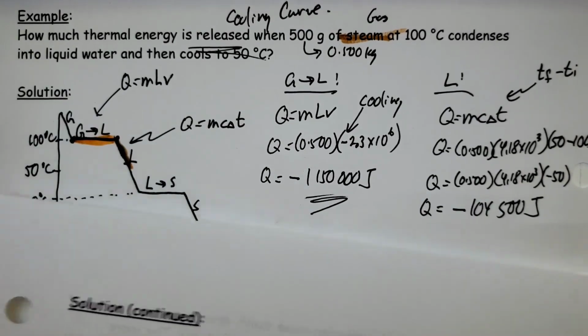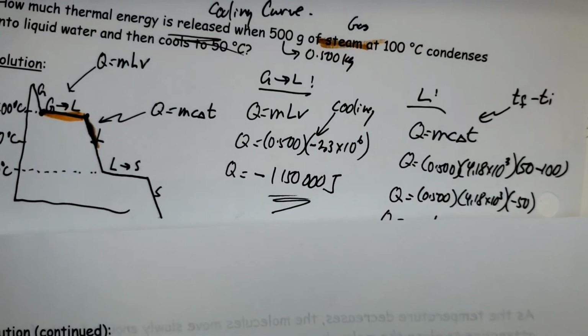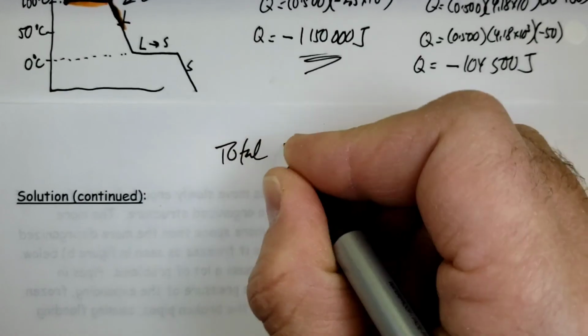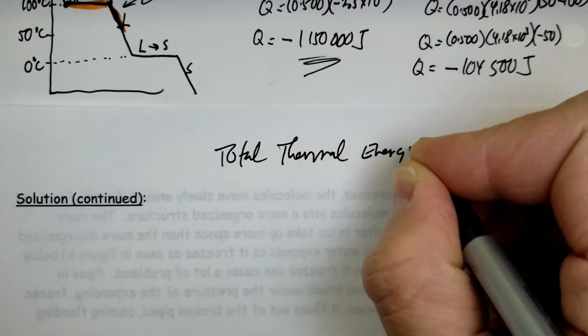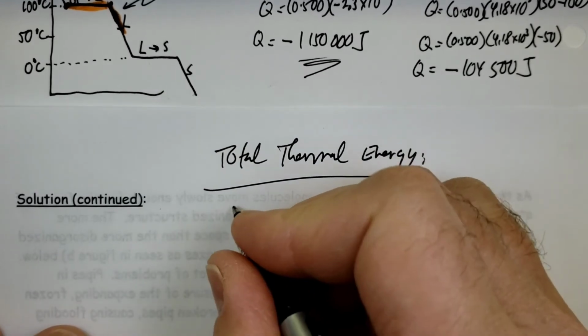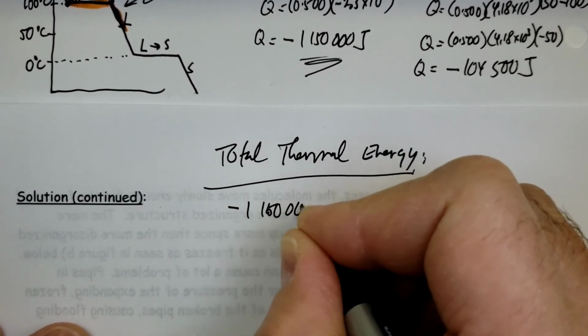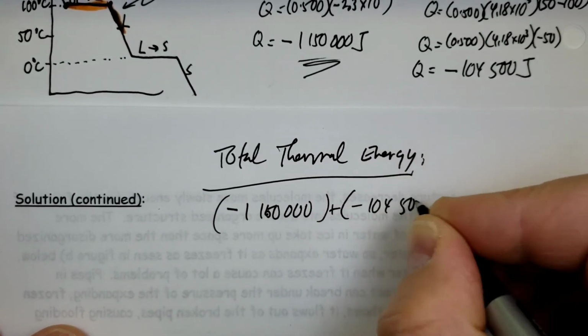Okay, and then here you could go to the next page, I suppose, if you're running out of room like I am, to figure out, okay, what's the total thermal energy now going to be? So total thermal energy. So negative 1,150,000 combined with negative 104,500.